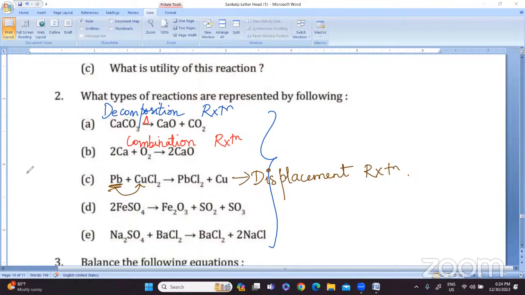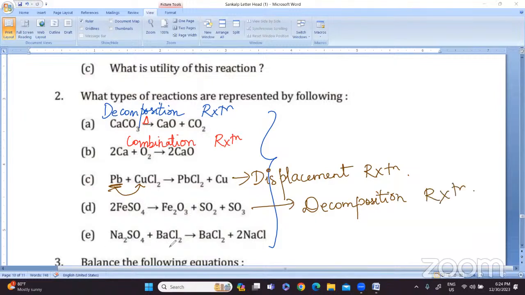Then FeSO4 gives you Fe2O3 plus SO2 plus SO3. This is a decomposition reaction.